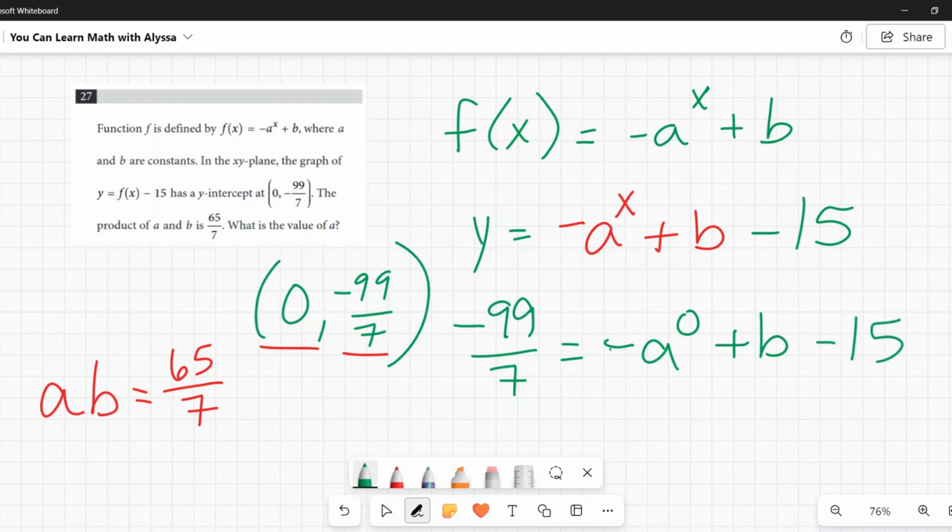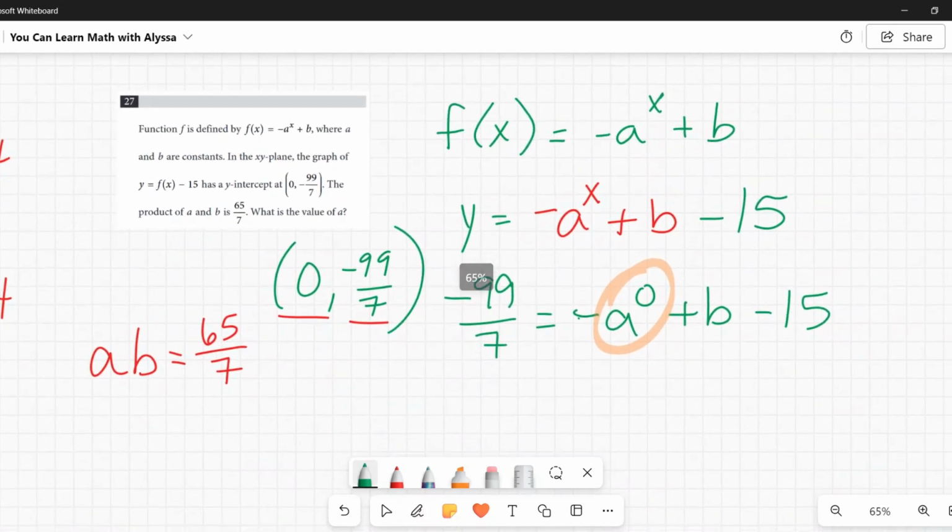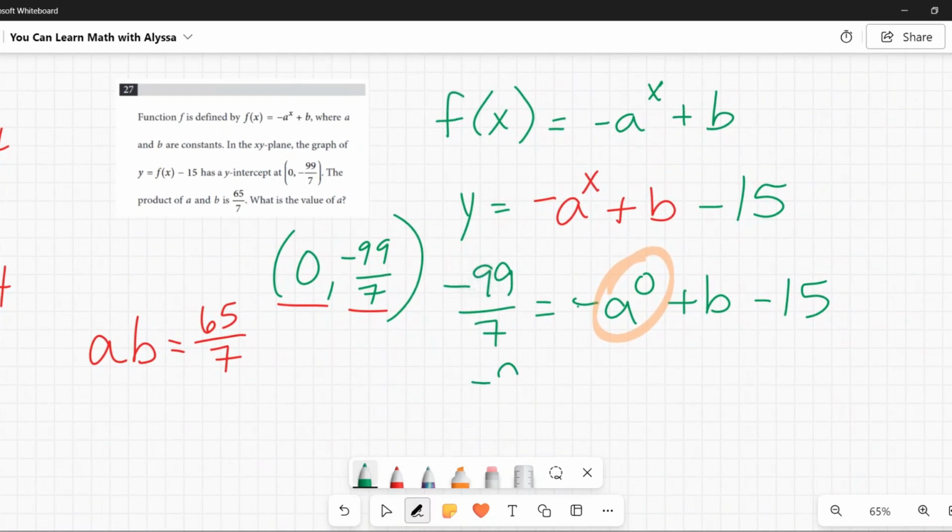And this is going to work out lovely because any number to the power of 0 is just 1. So negative a to the power of 0 is negative 1. Hey, and now my a is gone. Isn't that lovely?